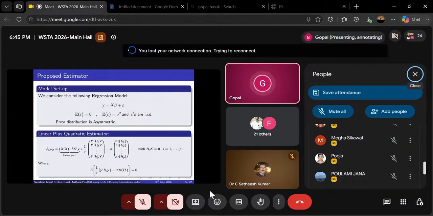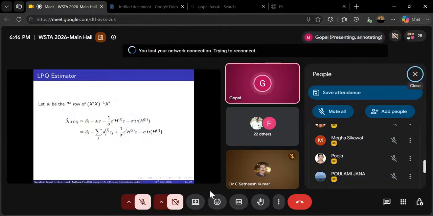So since it is component-wise, we define the estimator of beta tilde, at the moment as I said, component-wise. We write that as beta i, which we don't know, of course.